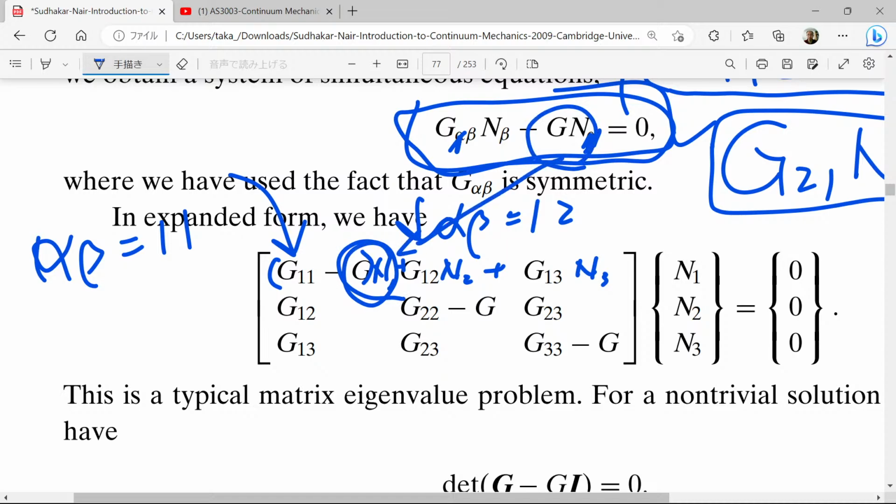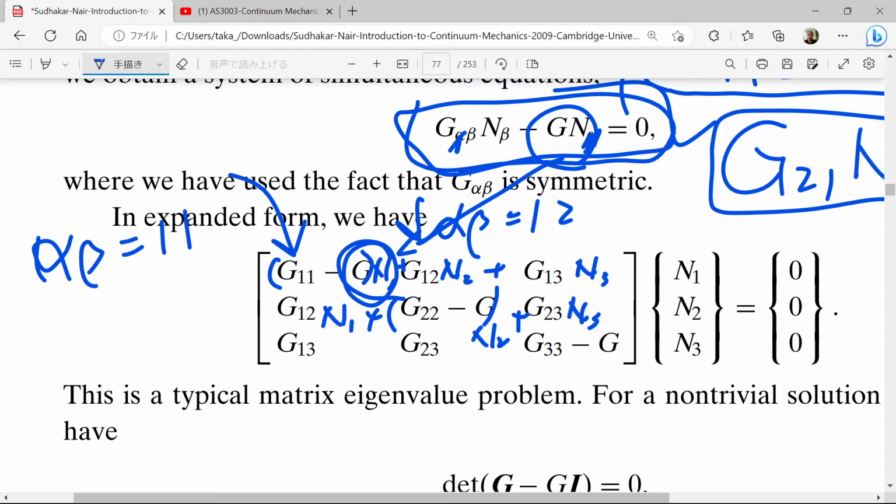Otherwise, you have 1, 1, 1, 2, 1, 3. Second term, you have this times n1 plus this one times n2 plus this one times n3.